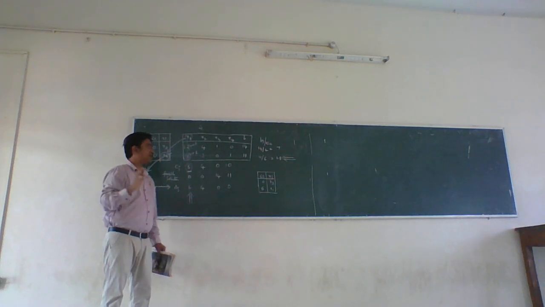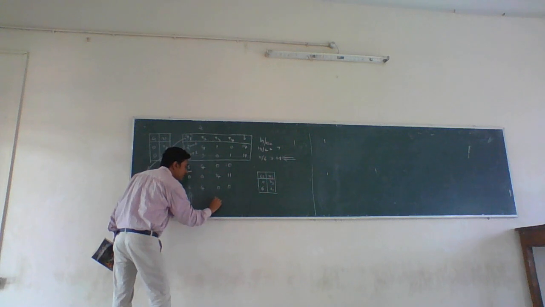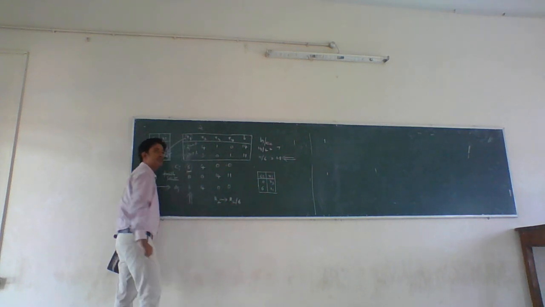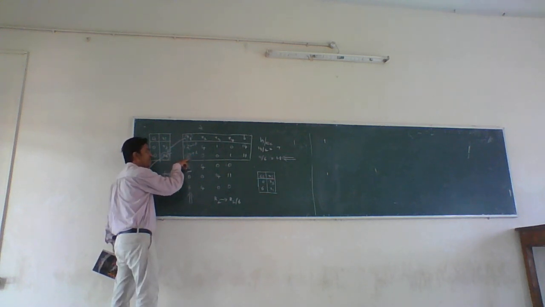Is it okay? That means this 6 should become 1. How will it become 1? R2 is equal to R2 by 6. Row 2 is equal to row 2 by 6. So 6 by 6 will be 1.